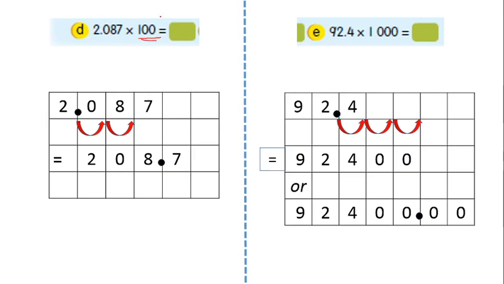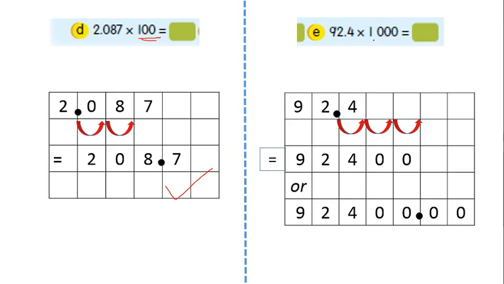So we are multiplying the decimal number by 100. So there are 2 zeros in 100. So we move it 2 times to the right. 2 kali ke kanan. Kita gerakkan titik perpuluhan. So bila kita gerakkan, titik perpuluhan akan berada di sini. So you will have 208.7. The last one, 52.4 times 1000.